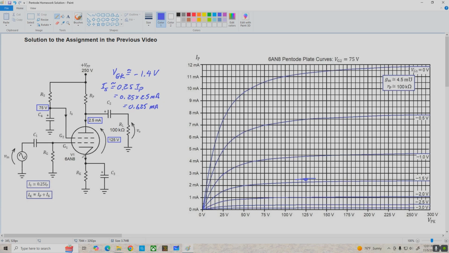Then our cathode current, I sub K, is IP plus IS, so that's 2.5 milliamps plus 0.625 milliamps, and that's about 3.1 milliamps.